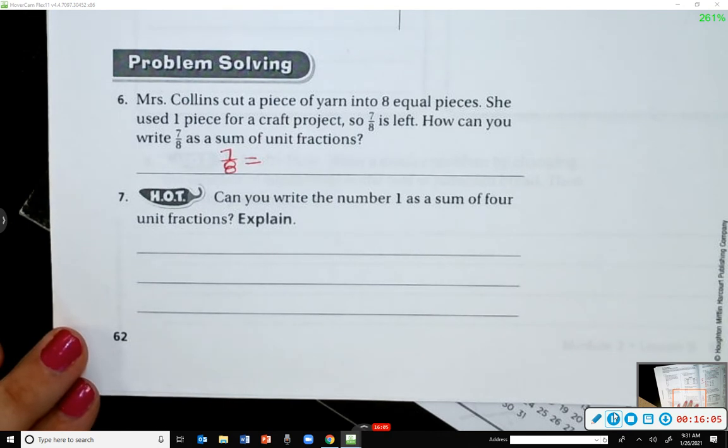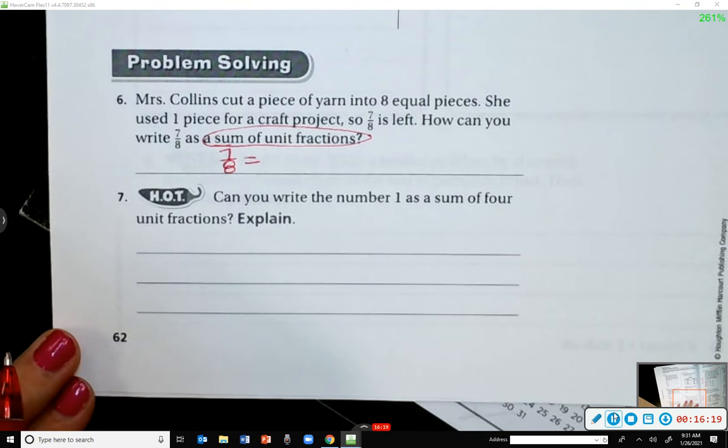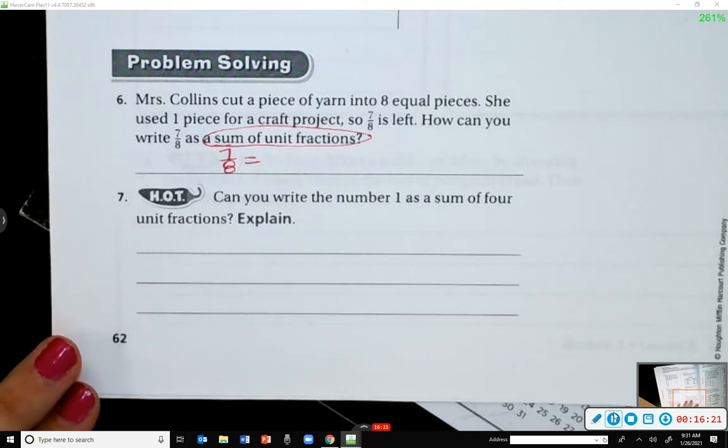You had a pie chart with 8 whole pieces, and she ate 1, and so she got 7. But how are we going to write it as a sum of unit fractions? It is 7/8, but we've got to break it up, right?